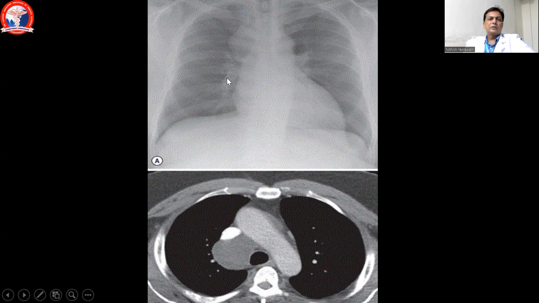Another case where we are seeing a large soft tissue mass near the anterior mediastinum, near the upper mediastinum. On the axial image, it is in the middle mediastinum next to the trachea.